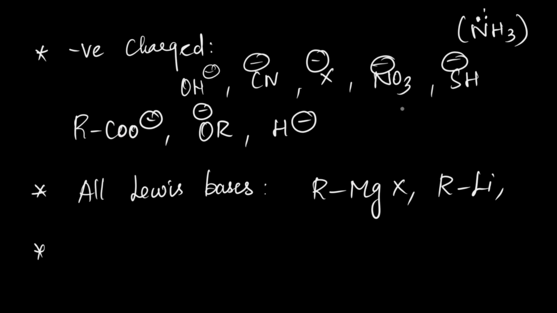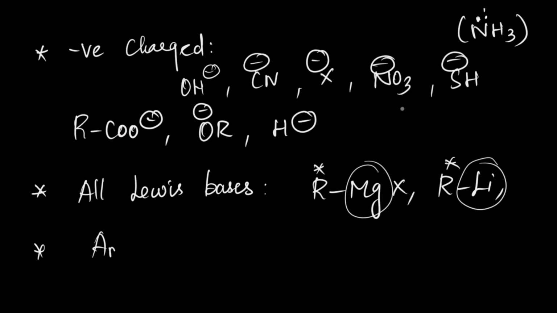How, ma'am, do these have electrons to donate? How can they act as nucleophiles? Yes, you can see, these contain metals, right? Metals are electropositive. So obviously these alkyl groups will become negative.